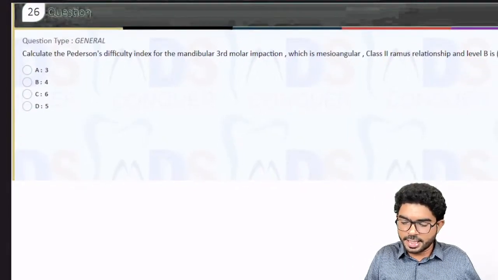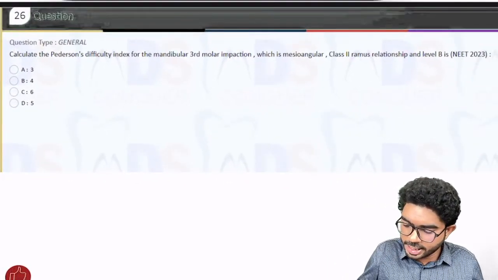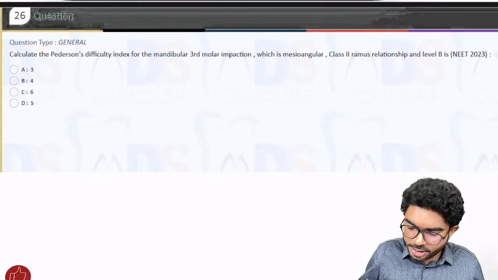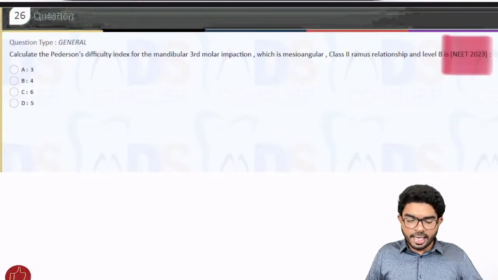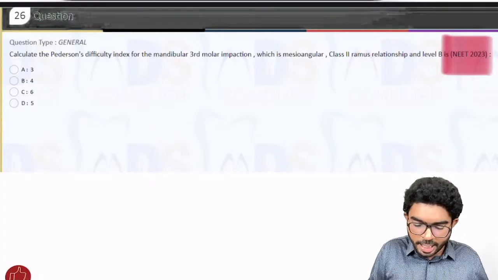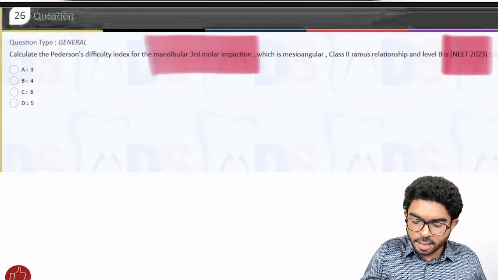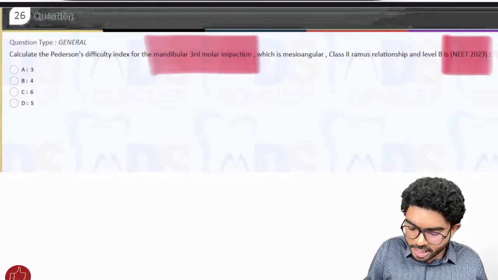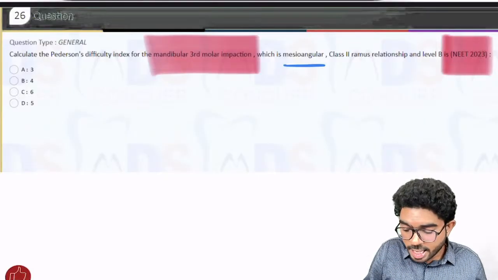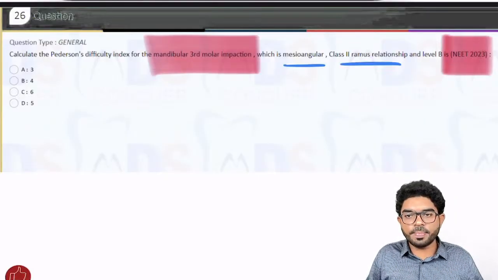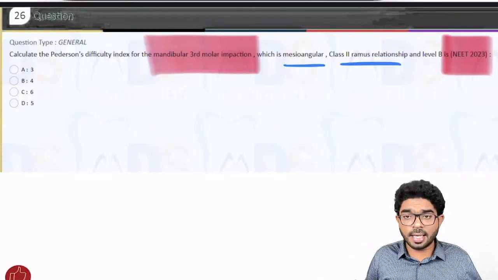So next question, yes, difficulty index. Again, a difficulty index surgery question, a NEET 2023 repeated question. They have given a mandibular third molar impaction, and if you check, they have clearly mentioned it's mesoangular. It's a class 2 molar relationship, in relationship to the ramus it is class 2.